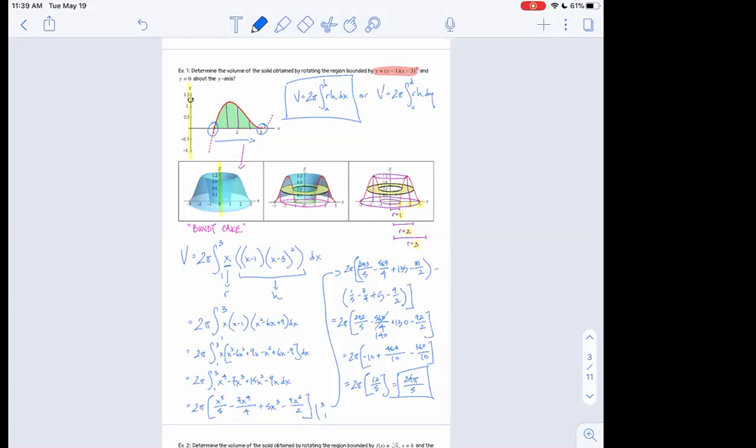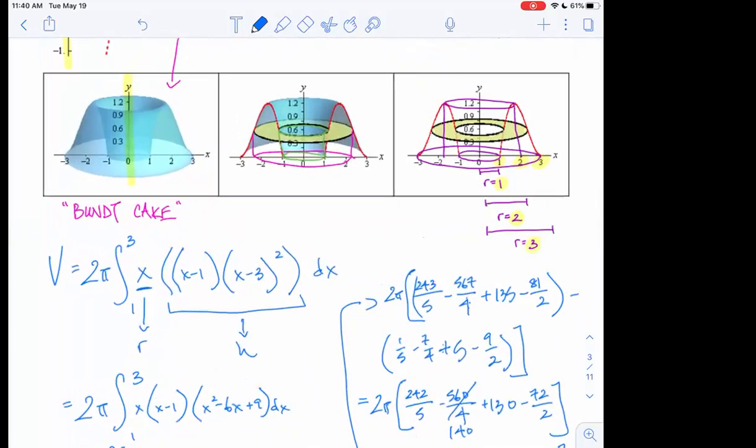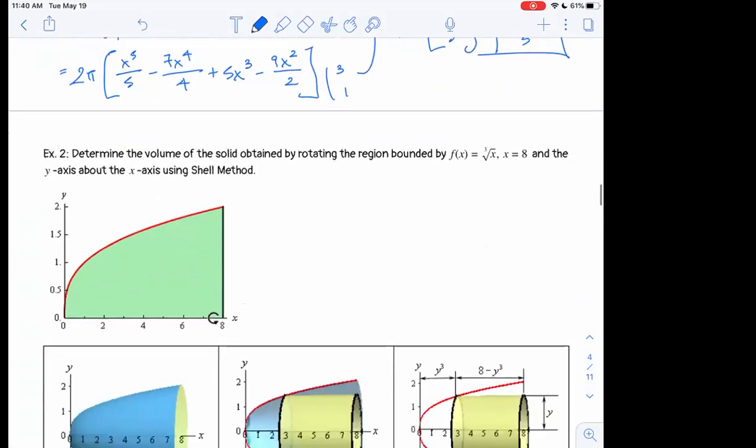All right, so we're going to go ahead and start example 2, okay? So if you've looked ahead, you'll notice that example 2 and example 3 are going to ask us to solve the same question, but using 2 different methods, okay? So I'm going to scroll up to example number 2.